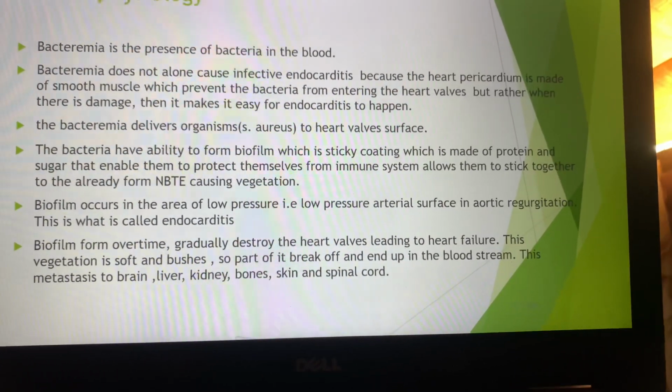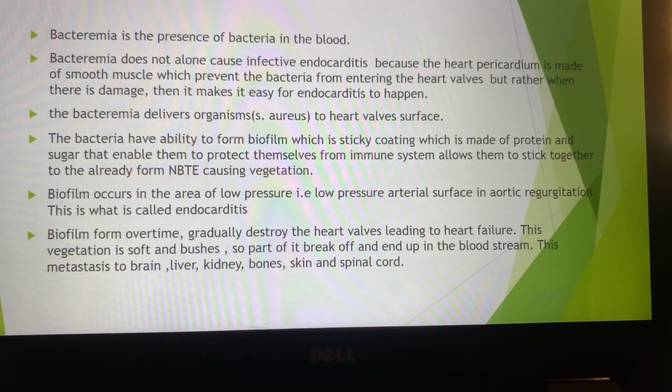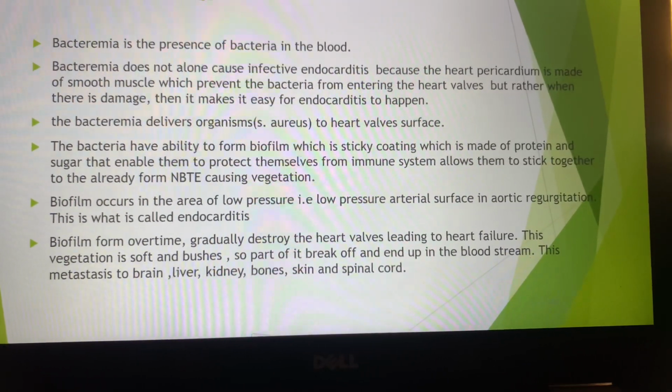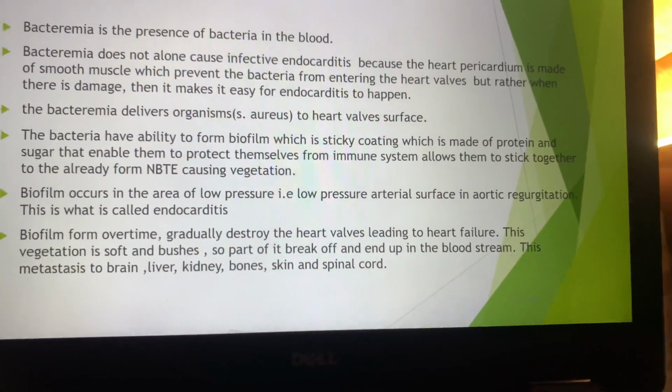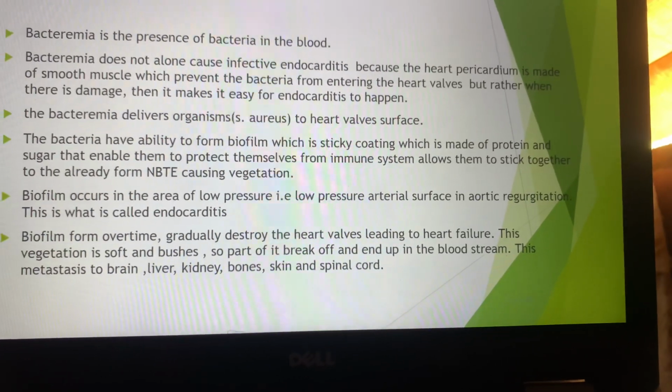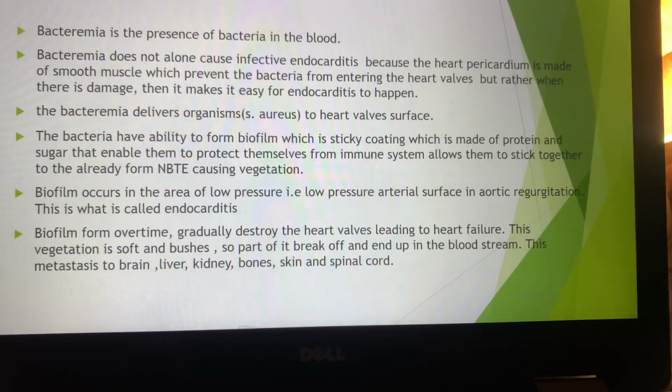We mentioned biofilms. Biofilms occur in an area of low pressure, for example, a low-pressure arterial surface in aortic regurgitation. This is what is called endocarditis.